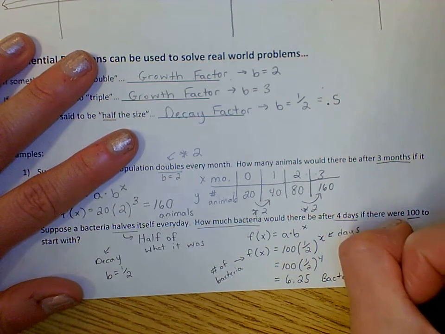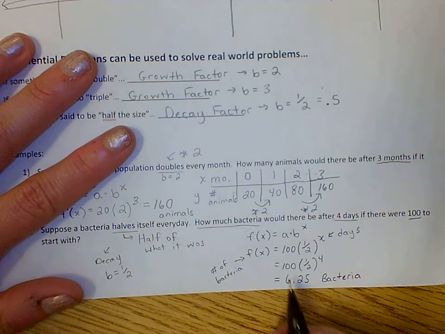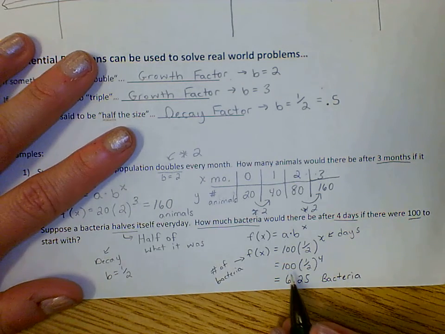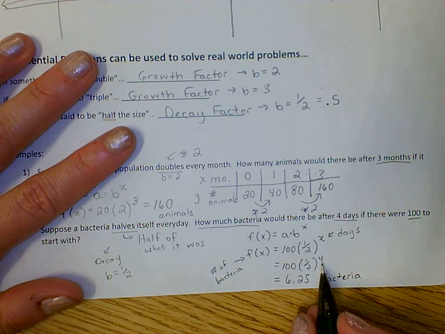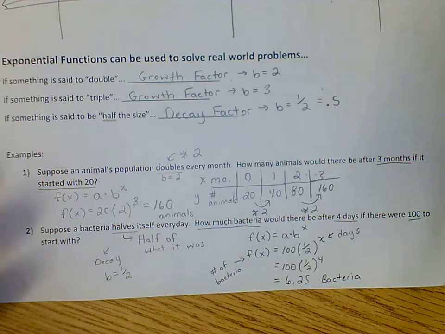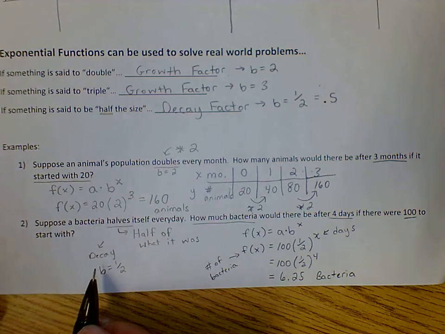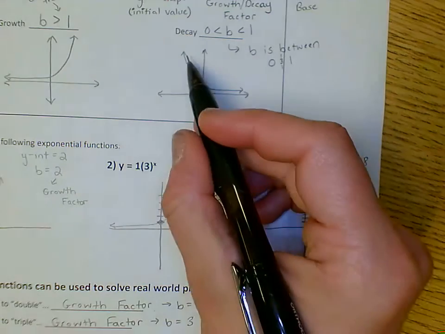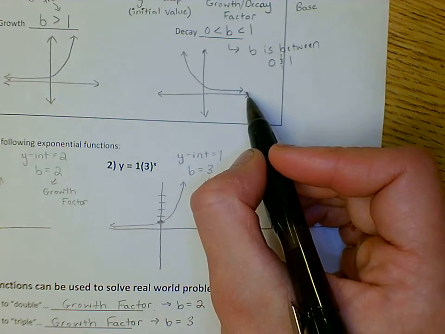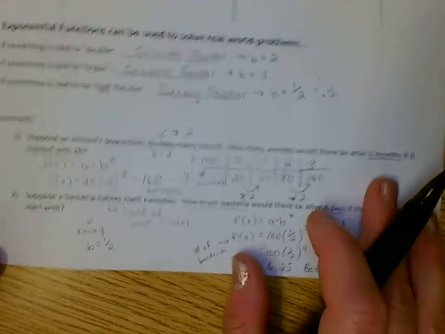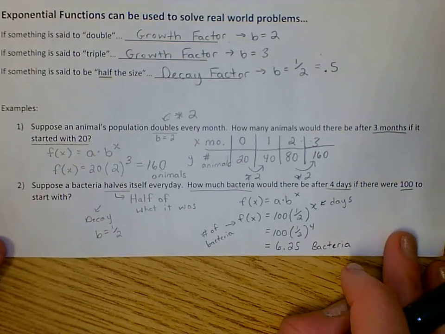And so notice how fast that went down, because it started out with 100, and then after just 4 days, there's only 6.25 left, okay? And so that's kind of, if you think about the graphs of decays, it starts out high, and then it quickly goes away. And so that's why it's quickly decaying, okay?